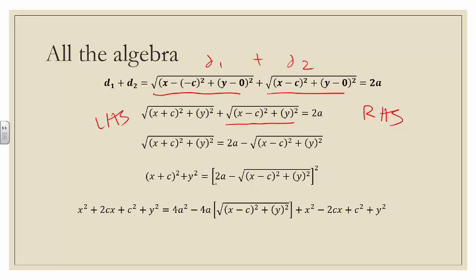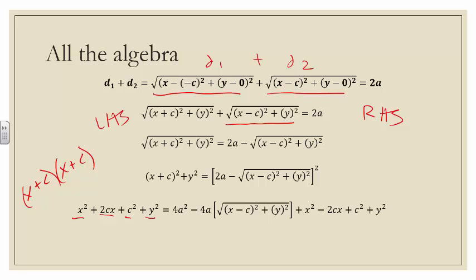Now we use the FOIL technique to expand some of our terms. We start with x plus c squared. So we would write that x plus c times x plus c, and we would use FOIL, and that would give us x squared plus 2cx plus c squared. The y squared just drops down.